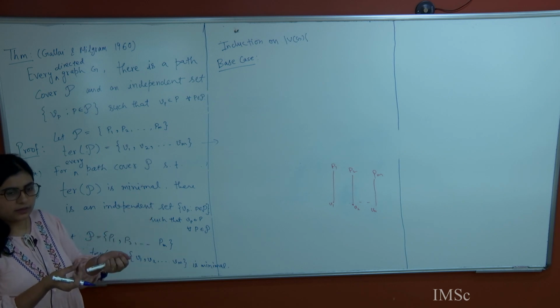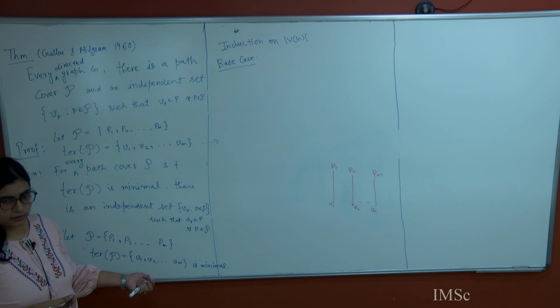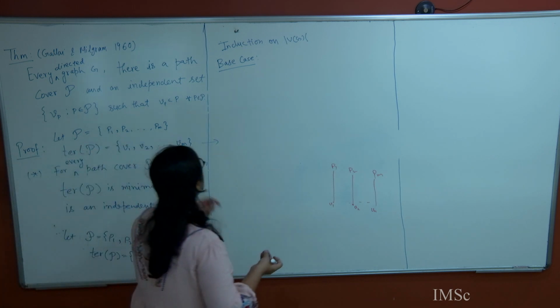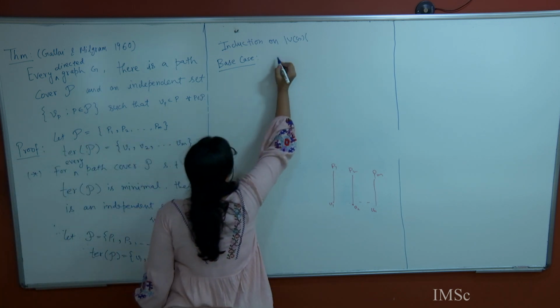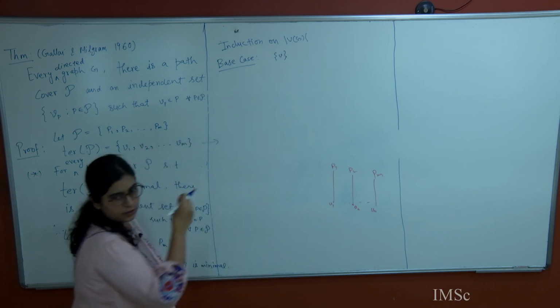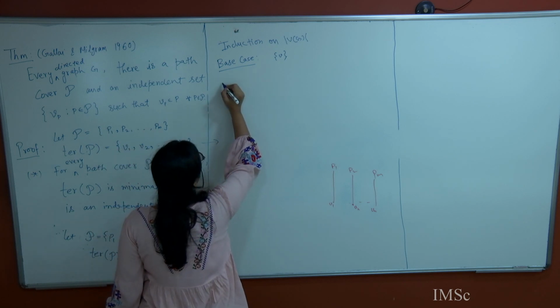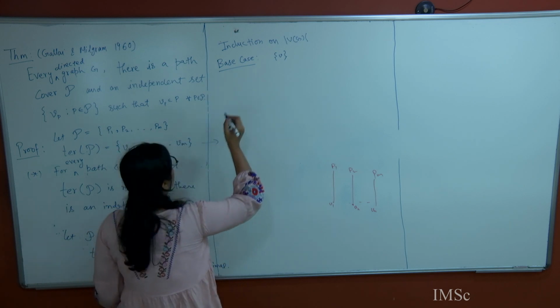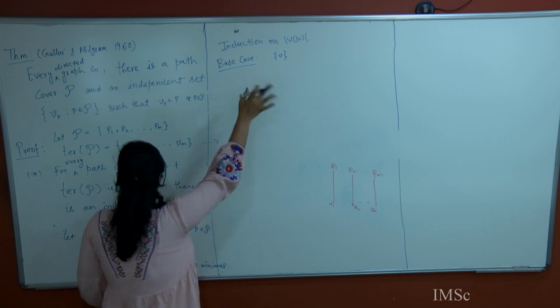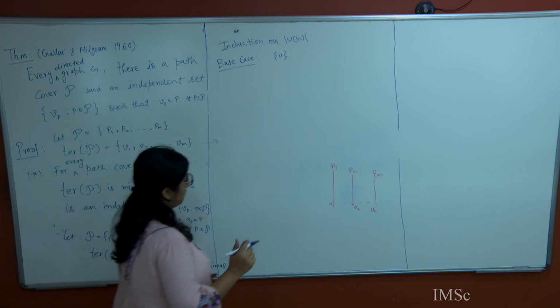We have a trivial path on one vertex and an independent set as well. So the base case we are done, because this is a path cover and this is also the independent set. So this is the base case. Now we are here in this case.